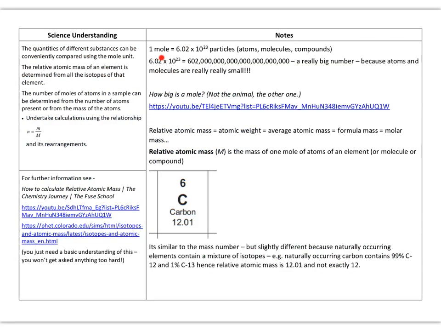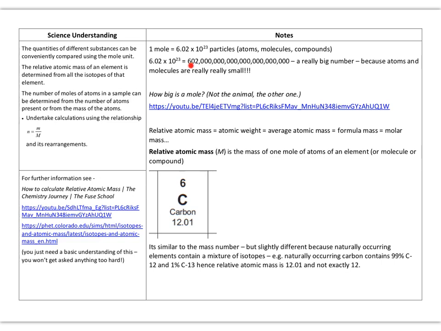So, 1 mole is equal to 6.02 times 10 to the 23 particles. That is 602 with a lot of zeros after it, which basically means that's a really, really big number.